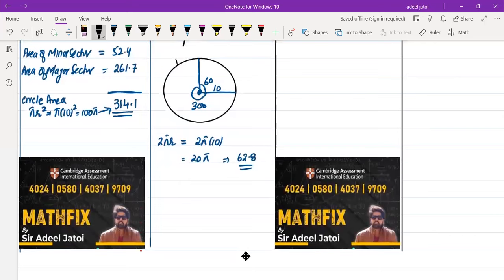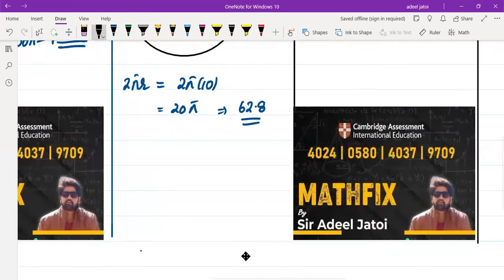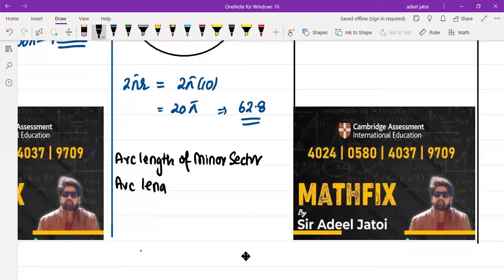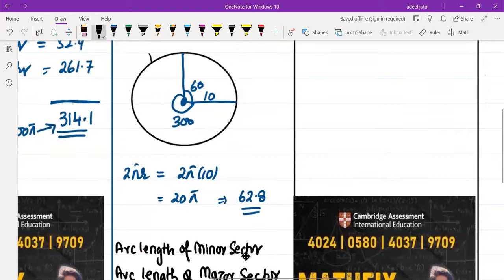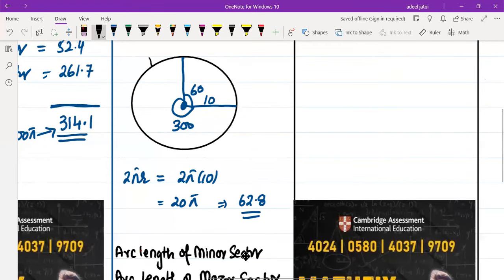There are two things that the examiner can ask us: the arc length of the minor sector, and the arc length of the major sector. First we need to understand what the minor arc and the major arc are.